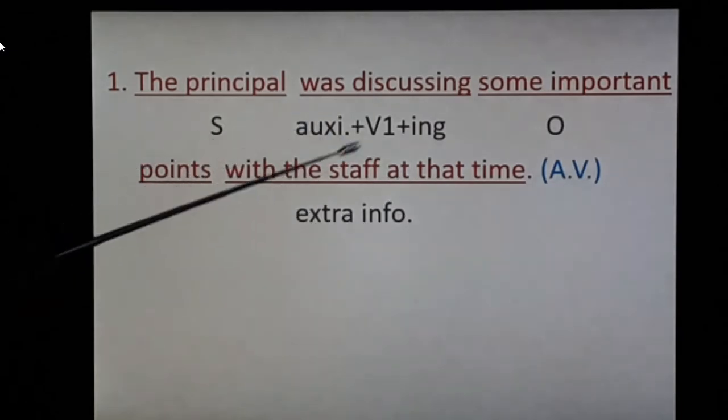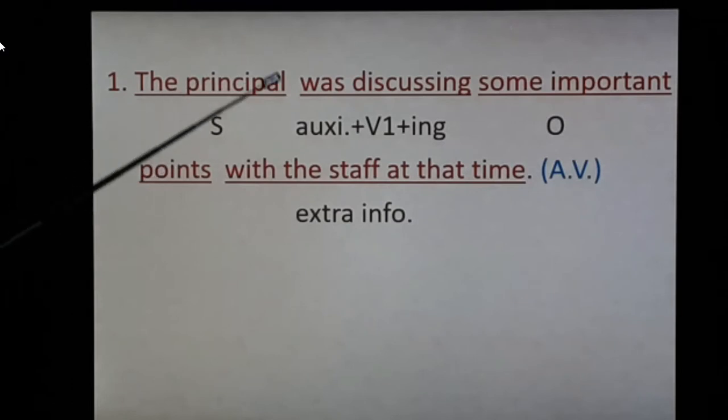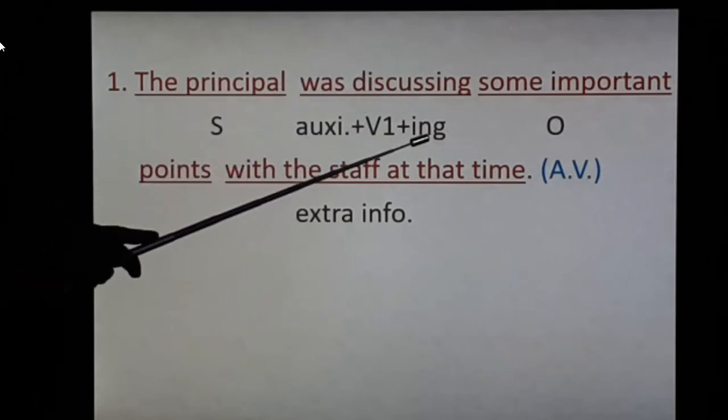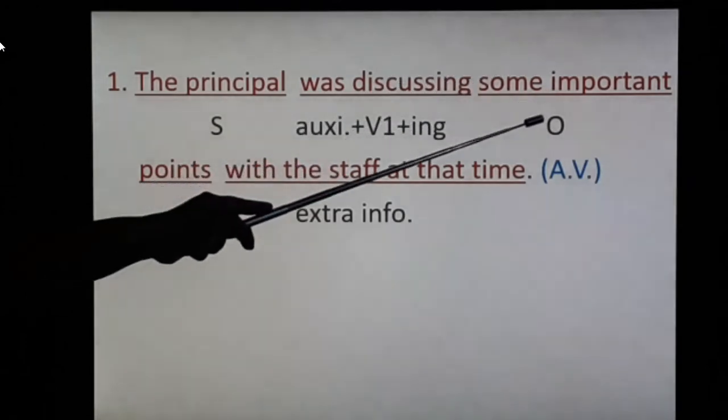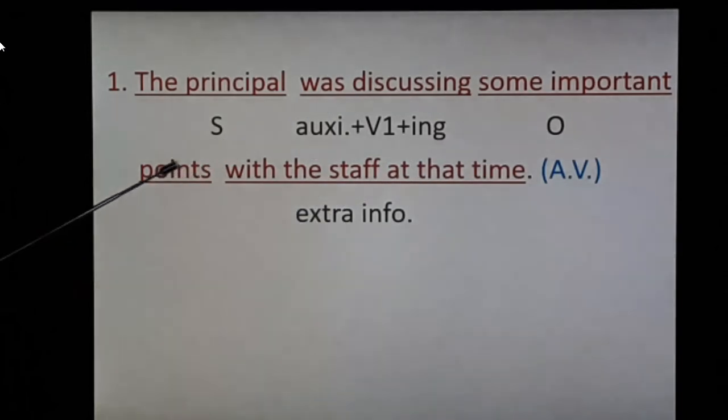So, this is active voice. Principal, the principal is the subject, was is the auxiliary verb, discuss V1 form, ing that you have to put, so discussing, and some important points is the object. With the staff at that time is extra information.